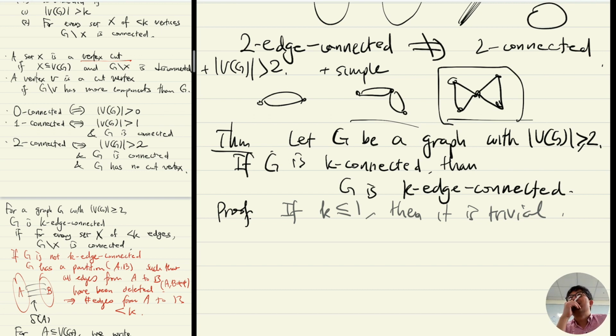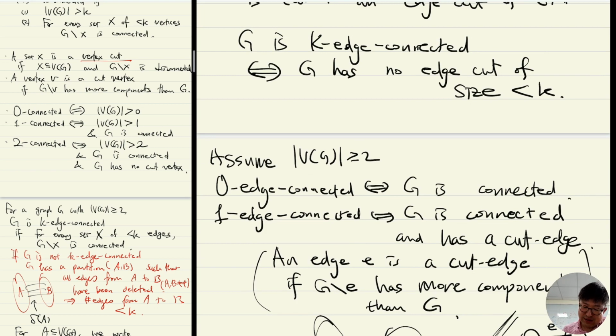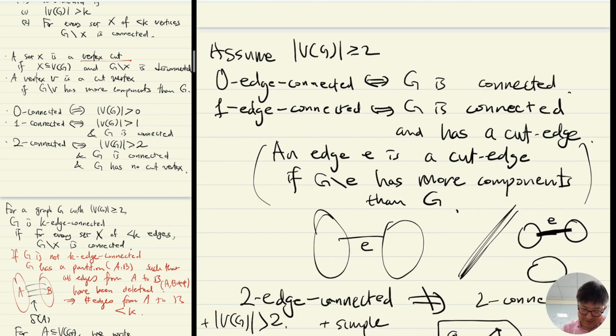Every graph is zero connected, but that doesn't mean the graph is zero edge connected. Oh, right. Actually, something's wrong here. I was cheating a lot.